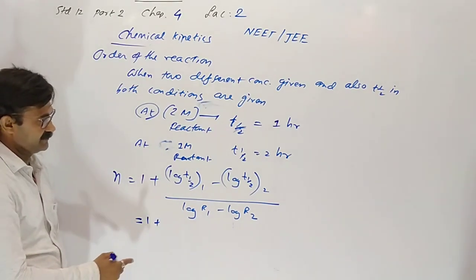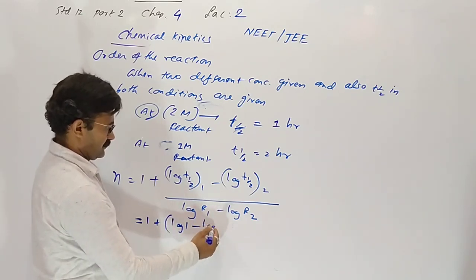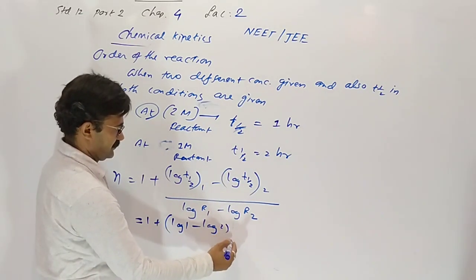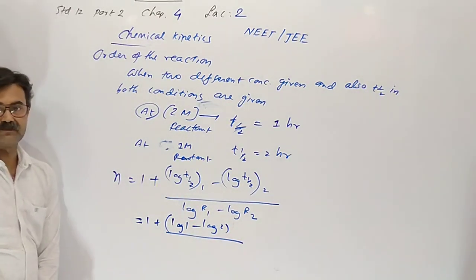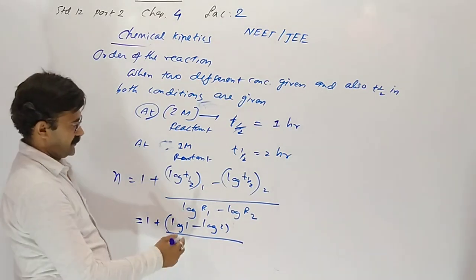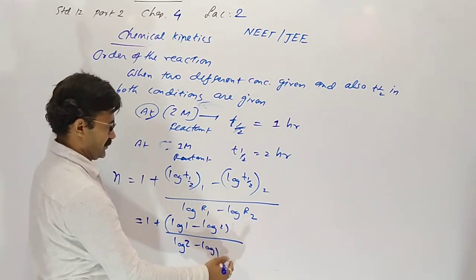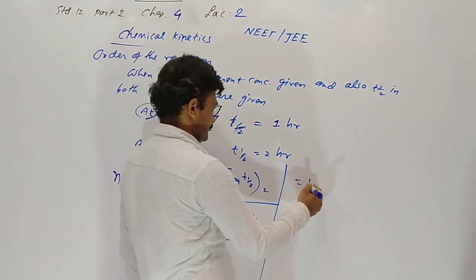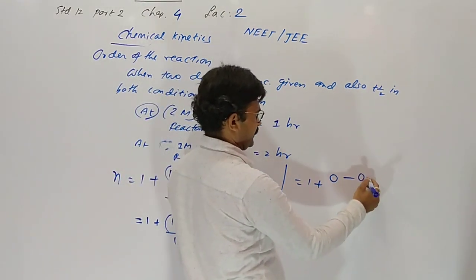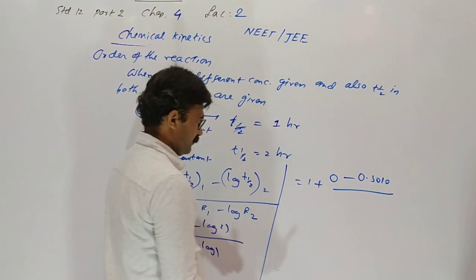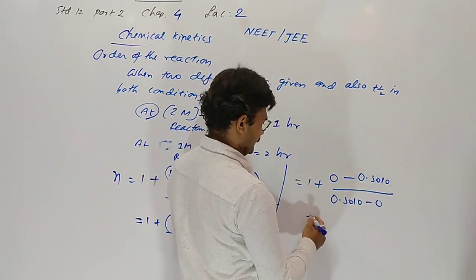How you can see, in the first condition t1/2 is 1, so log 1 minus log 2, upon log R1 minus log R2, that is log 2 minus log 1 for 2 molarity and 1 molarity. The value of log 1 is 0, and the value of log 2 is 0.3010.